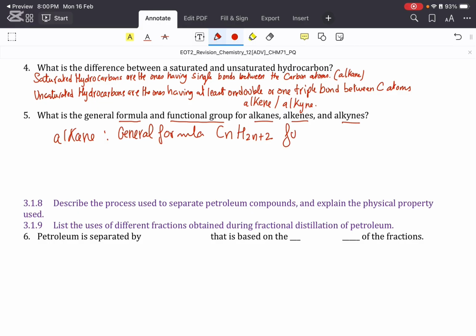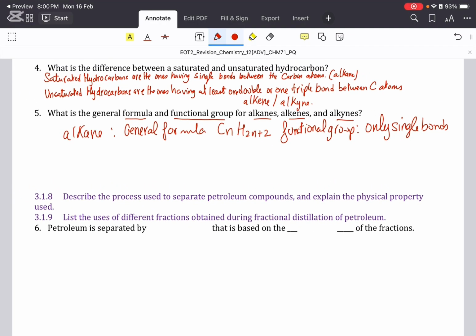So the functional group means only single bonds between the carbons.